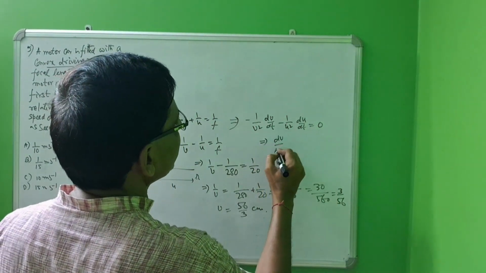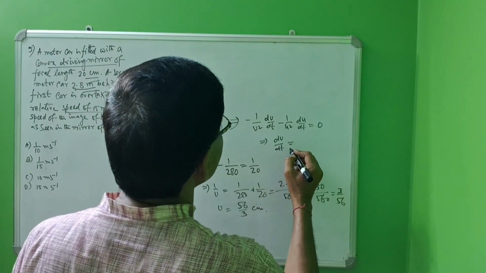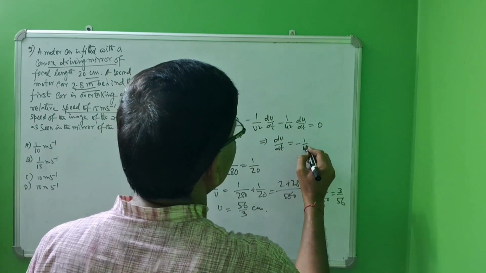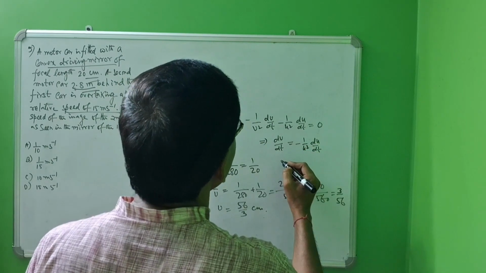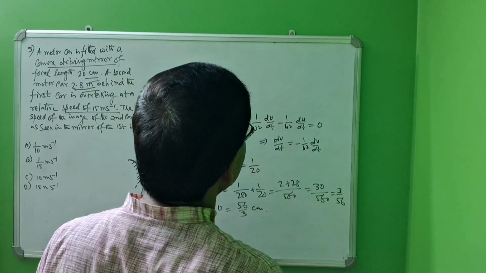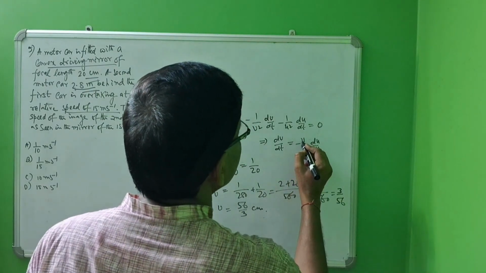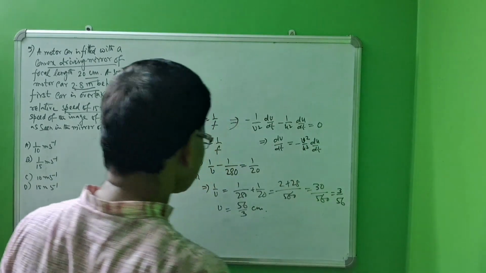So dv by dt equals minus v square by u square du by dt.